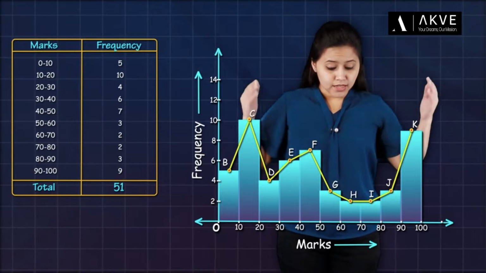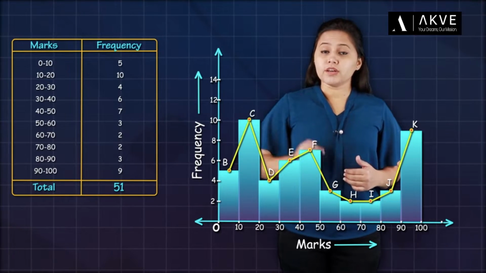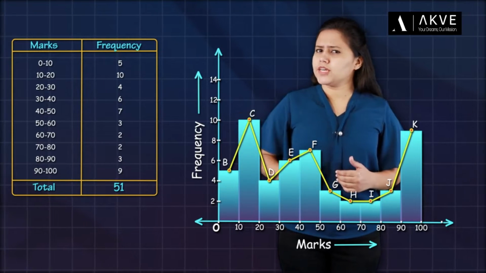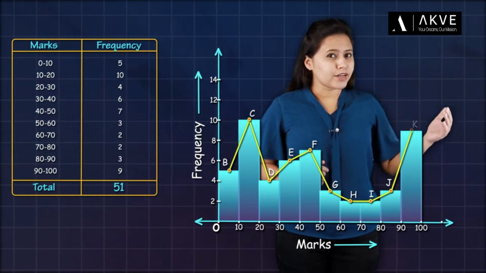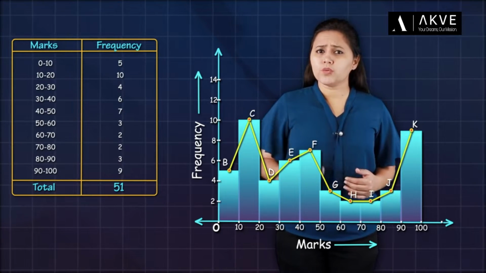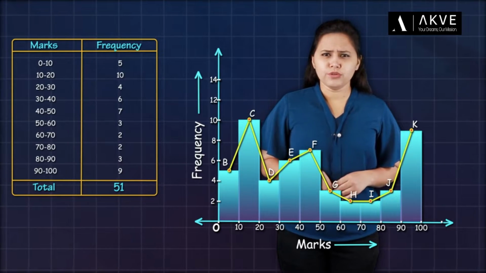As we can see, the polygon is not complete. So to complete the polygon, we have to join the point B to the midpoint of the previous interval and the point K to the midpoint of the next interval. But there is no interval before the first class 0 to 10. So what shall we do now?